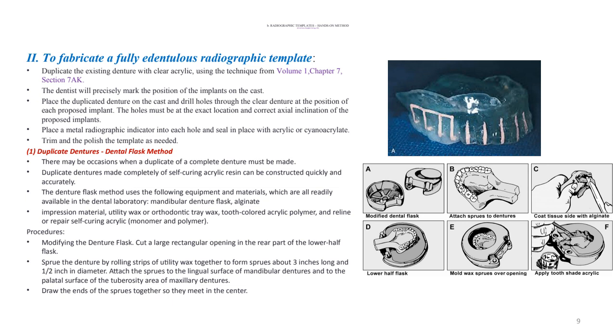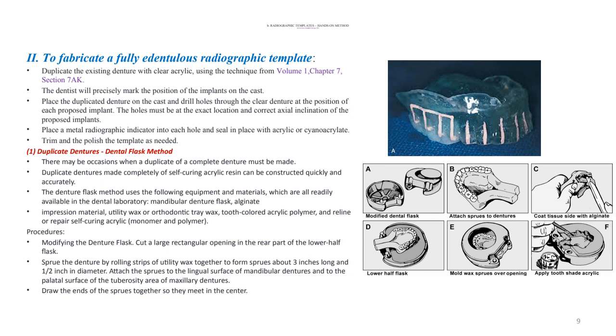Then in picture B, we have taken a putty matrix or index of the cast with the denture teeth, and then we fabricate the vacuum former.